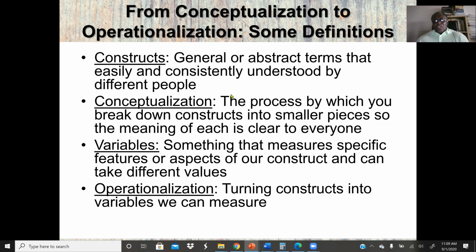Then in every study we may have variables. Variables measure specific features and aspects of our construct and can take different values. For example, I'm doing research on the effect of cigarette smoking on lung cancer. So cigarette smoking can be a variable.